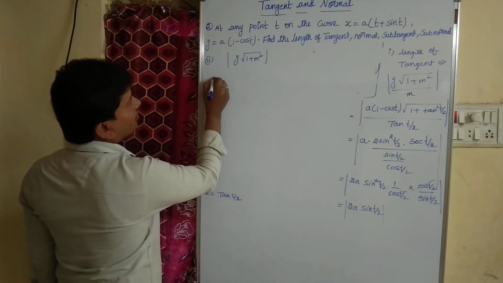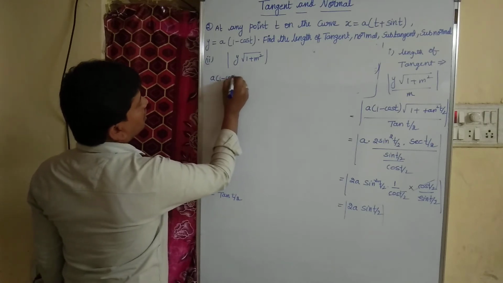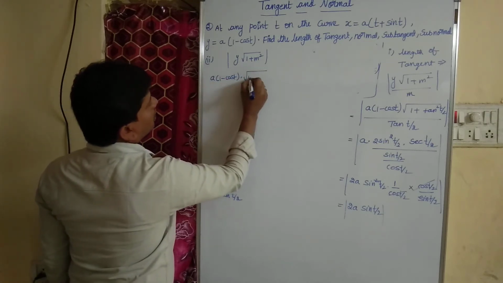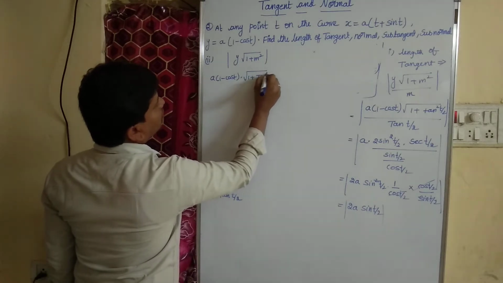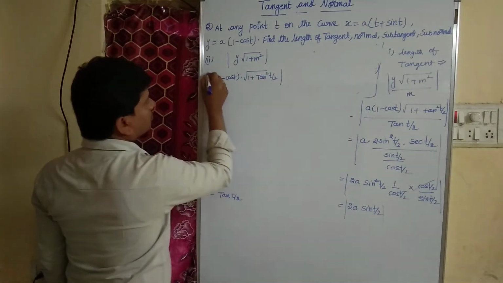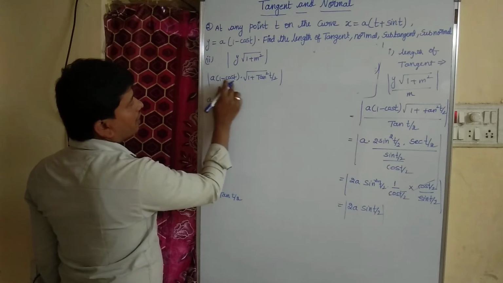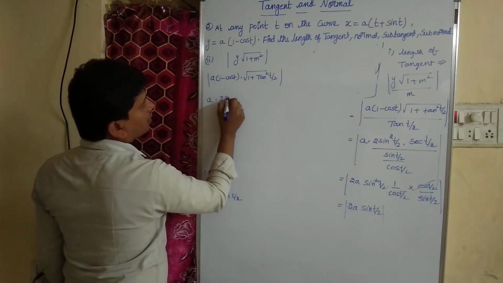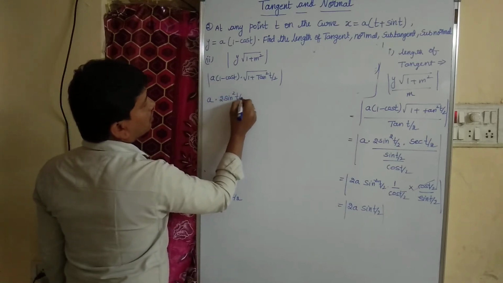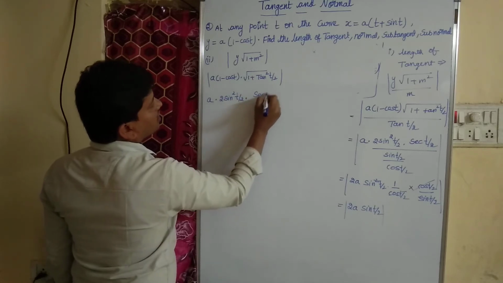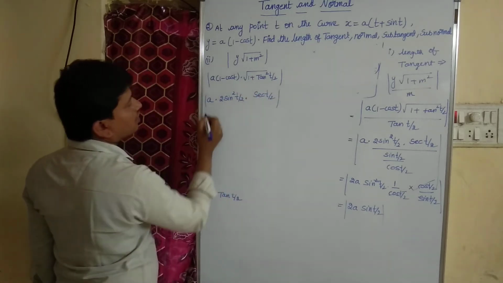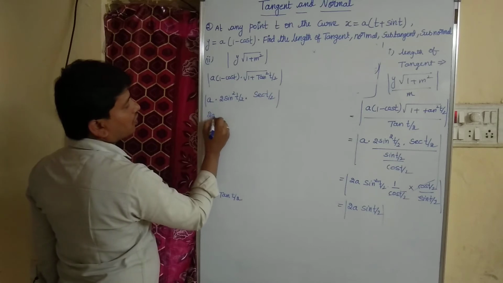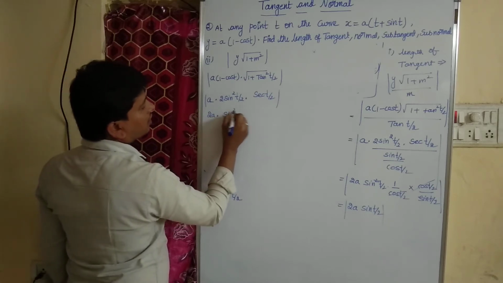Y value a into 1 minus cos t into root over 1 plus m value tan t by 2, 1 plus tan square t by 2. Right? A into 1 minus cos t means 2 sin square t by 2 and this is our sec t by 2.